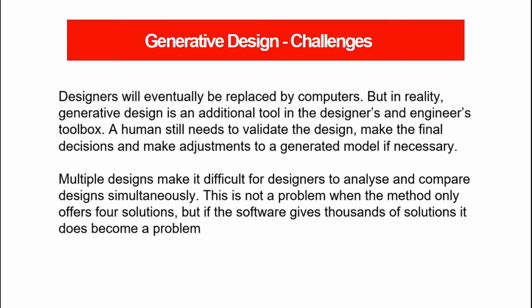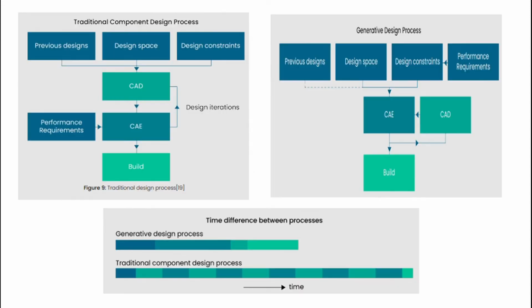And additionally, multiple designs are showcased, so effectively validating the one that is required by the user is also a kind of challenge right now. So அந்த challenge எப்படி overcome பண்றது, that kind of research is going on. So in the upcoming future that will also be overcome.